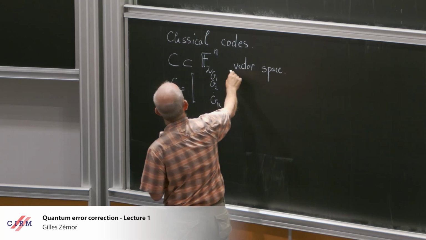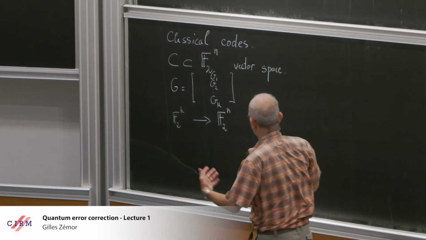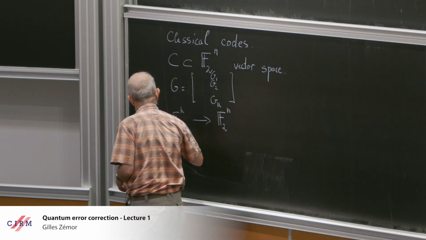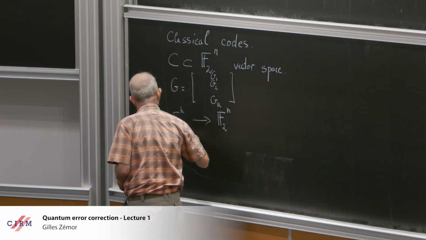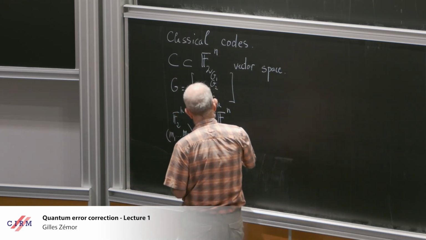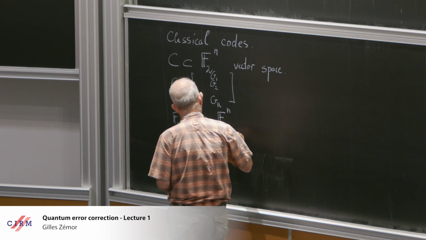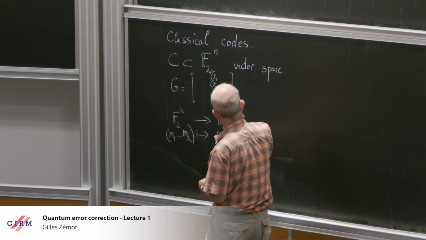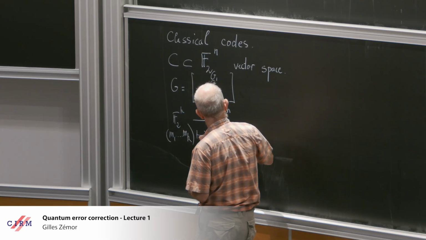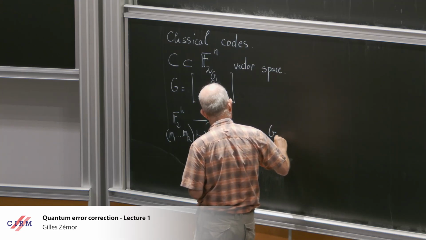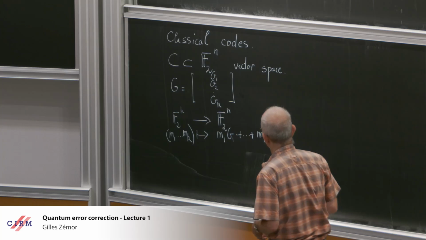So rows of the generator matrix have length n, and encoding simply goes like this. You take a k-tuple, multiply by G. In other words, add the rows m1 G1 through to mk Gk.